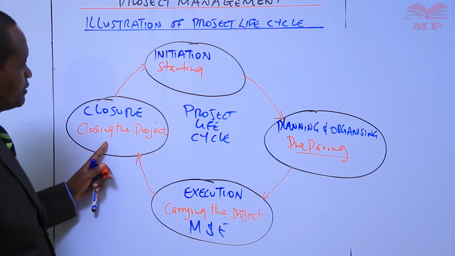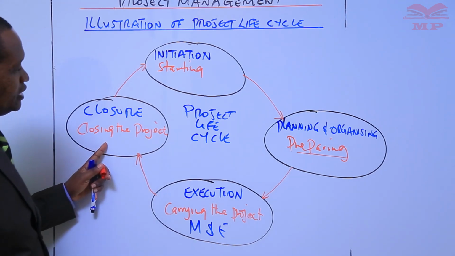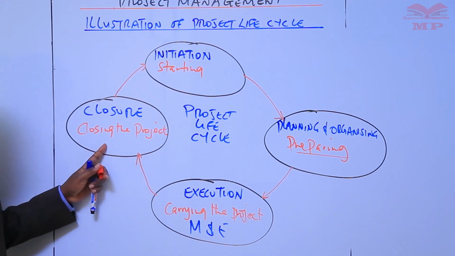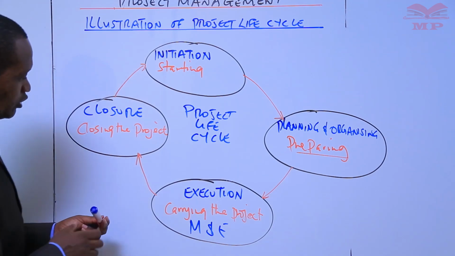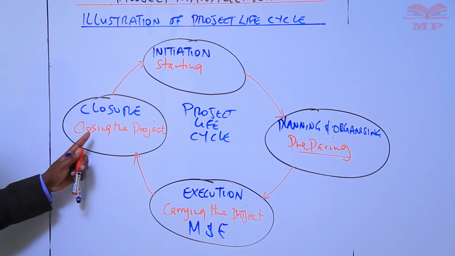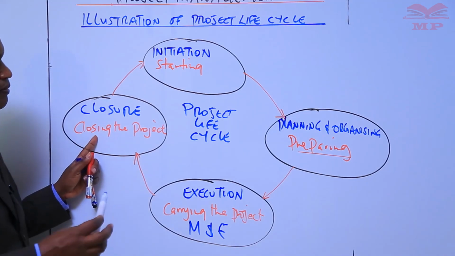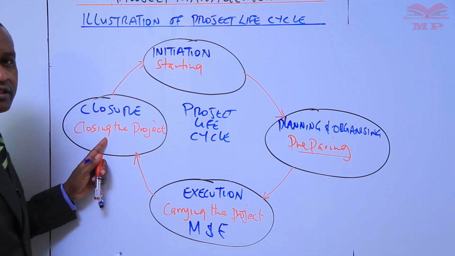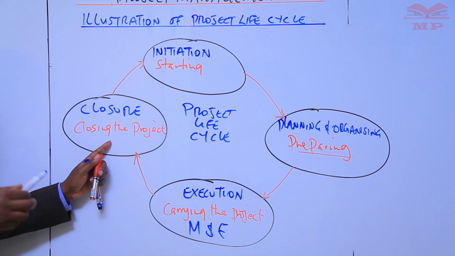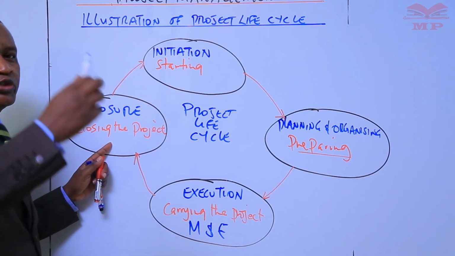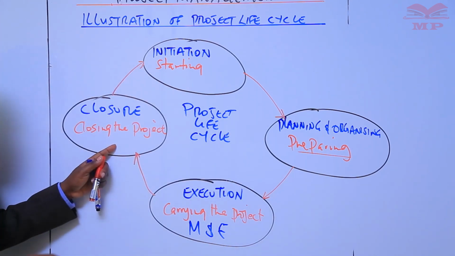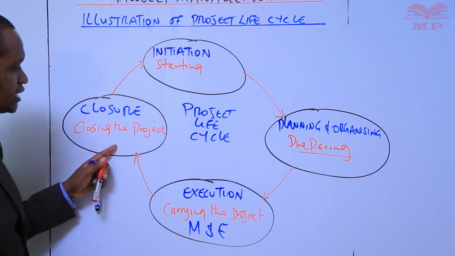Then the last part here is the closure. Closure or ending the project. All right? So, candidates, a project is brought to an end when the team delivers the finished project to the customers, or if it is just a business project, after the project has come to an end.